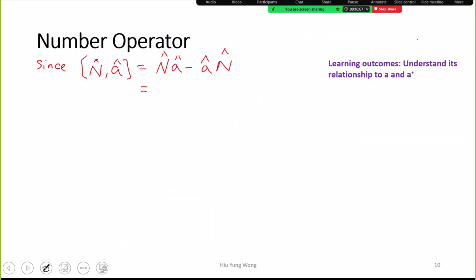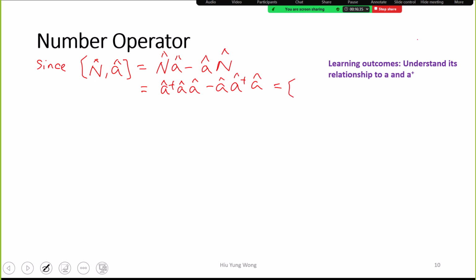So I'm going to put this as A dagger A, right? A dagger A, A hat, A dagger A. Is this okay? I just substitute N by A dagger A, and then N by A dagger A, and I write this as this. Okay? And so I can factorize this out.